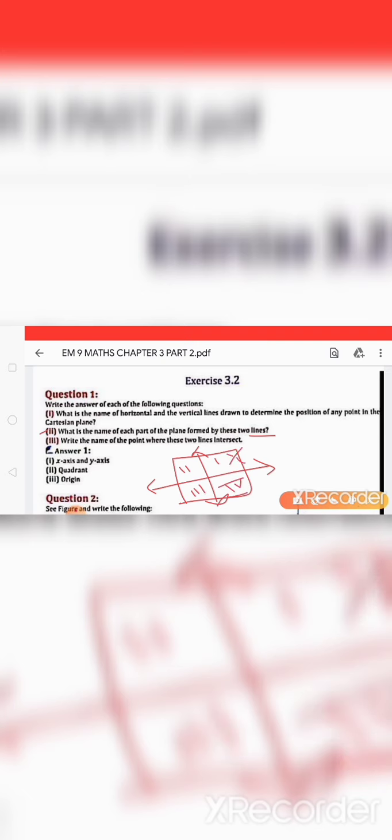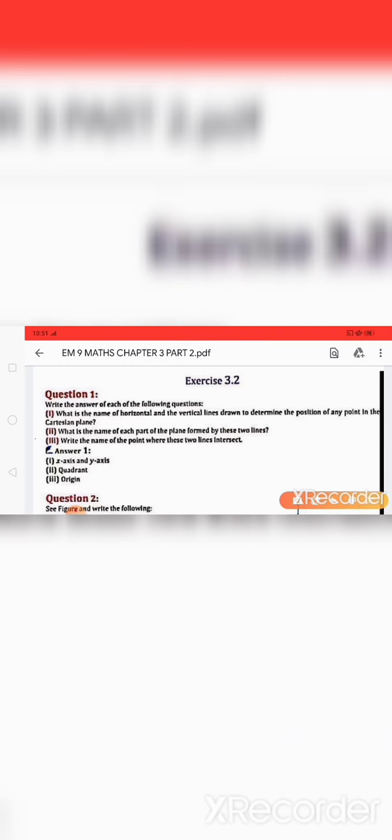Each part is 1/4 of the whole. Each part is known as a quadrant: quadrant 1, quadrant 2, quadrant 3 and quadrant 4. So the answer to this question is quadrant.